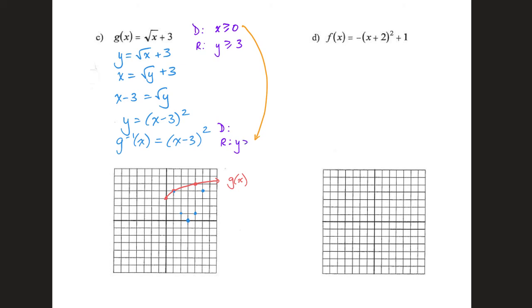And so therefore, y must be greater than or equal to 0. Not much change on that. That still matches up. However, and I'm just going to get rid of that arrow, my range on my original curve then becomes my domain on my inverse.